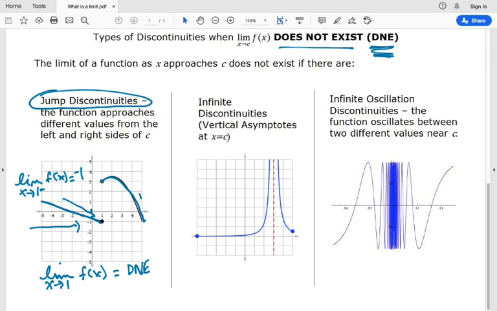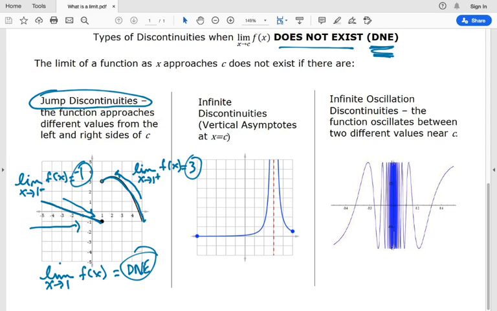But over here, as you're coming from the right, the limit as x approaches 1 from the right of f of x, in this case the y value is 3. Because these are different values, the limit as x just approaches 1 does not exist.